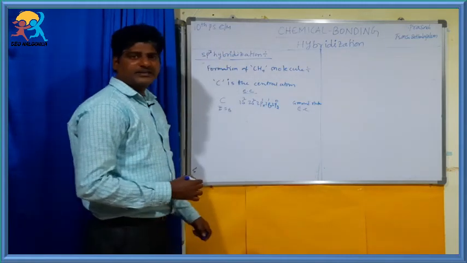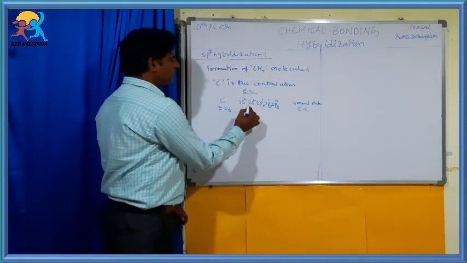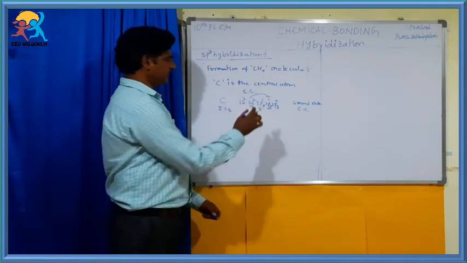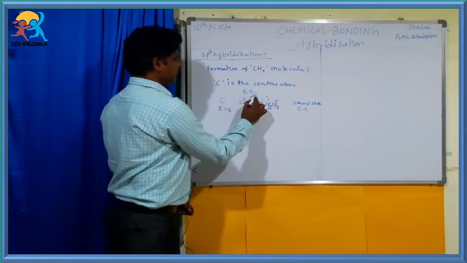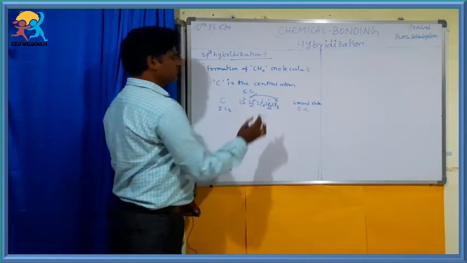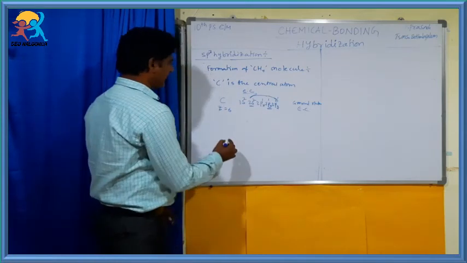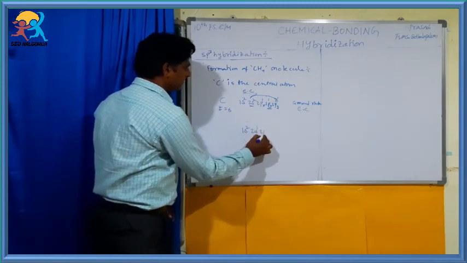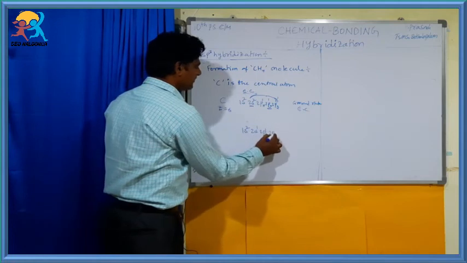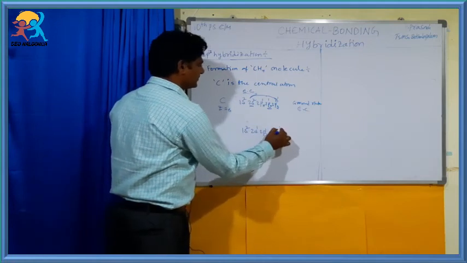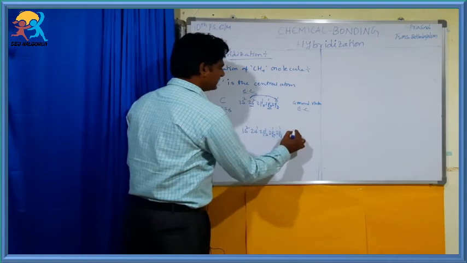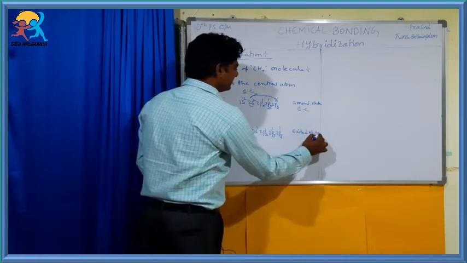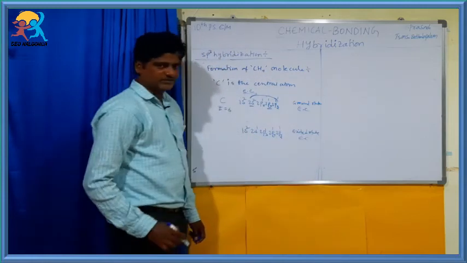In excited state, one of the 2s electrons enters into the 2pz orbital. Now electronic configuration becomes 1s2, 2s1, 2px1, 2py1, 2pz1. So now it becomes excited state. It is called excited state electronic configuration.